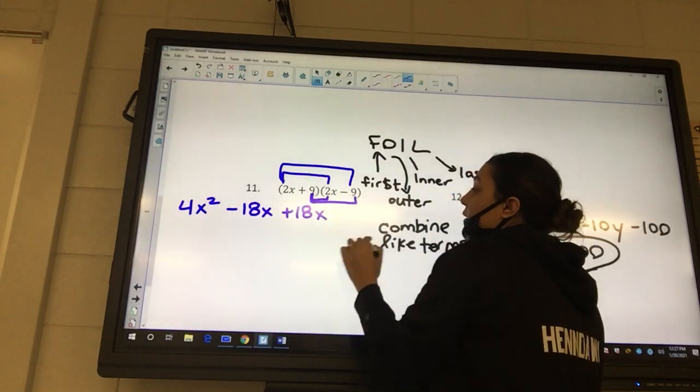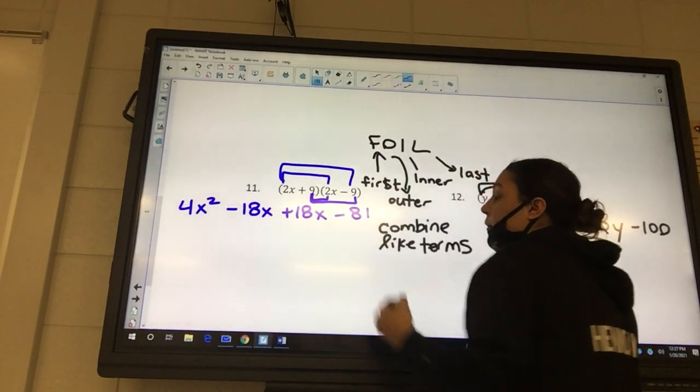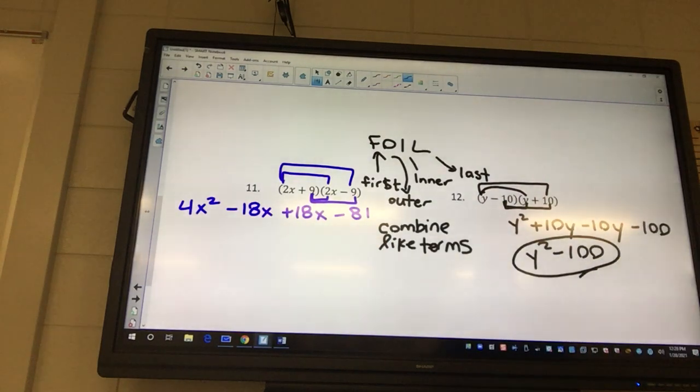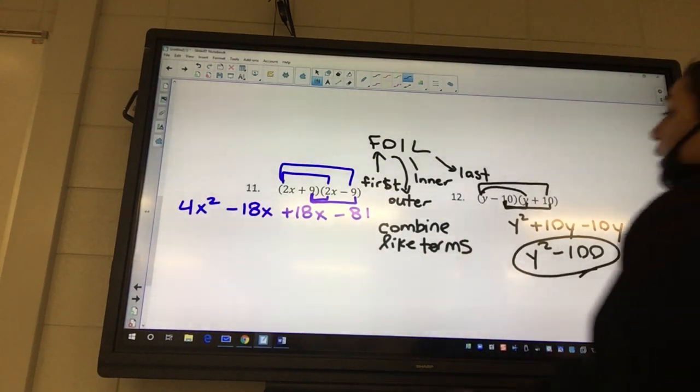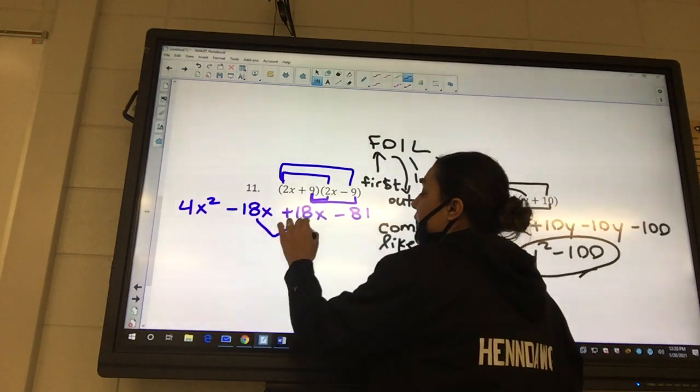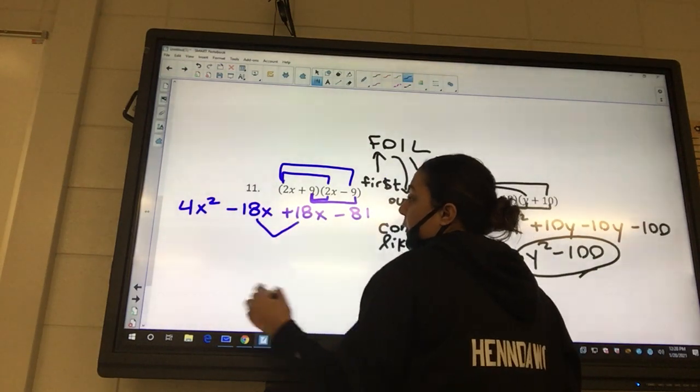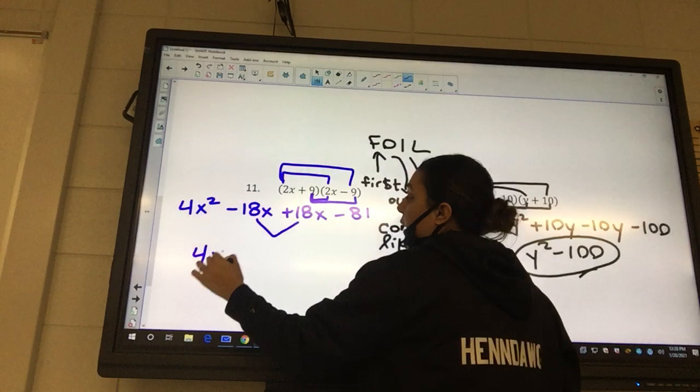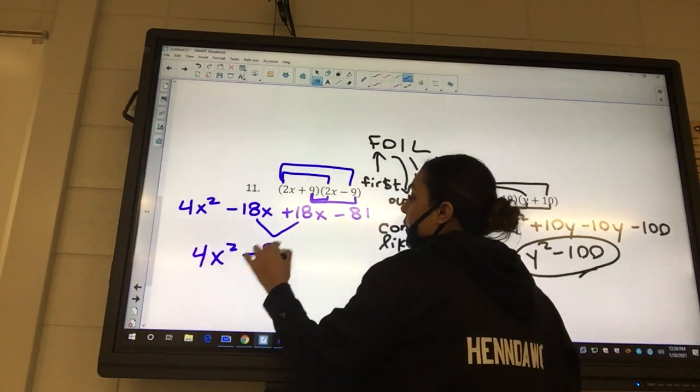And the last is going to be negative 81. Sometimes these are going to cancel in the middle. Sometimes they're not. So don't get in the habit of canceling them in the middle. We always combine the middle ones. So what is negative 18 plus 18? 0. It cancels. So you've got 4x squared minus 81.